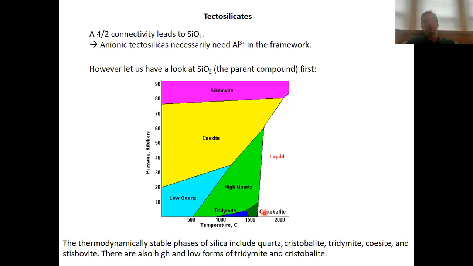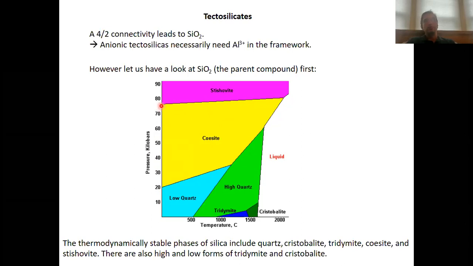Okay. So these are the four low pressure forms of silicon dioxide. In addition to that, you also have high pressure polymorphs. If you go above about 20,000 times the atmospheric pressure, or 20 kilobars, or 2 gigapascals, then you enter the stability field of coesite, and you see that coesite has a very wide stability field here in yellow.